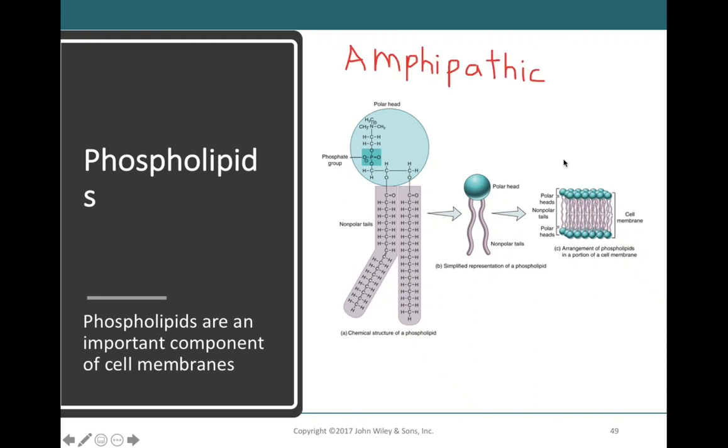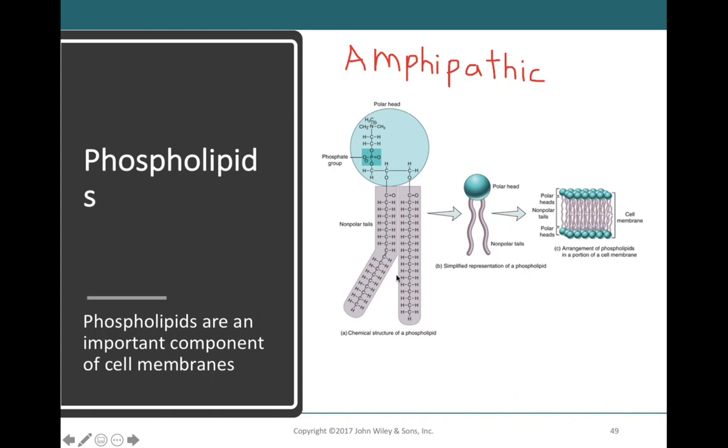Amphipathic molecules are unique because they are going to have a nonpolar part of the molecule and a polar part of the molecule, all in the same connection of constituents. So you can see that this molecule is going to have a polar head and nonpolar tails.